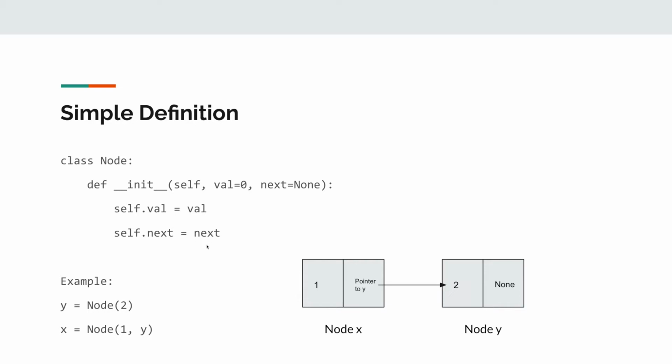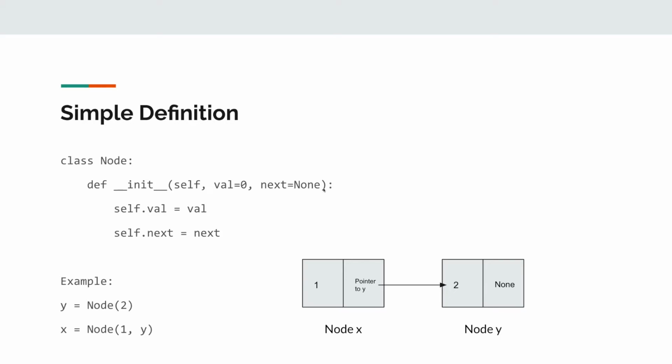To give you a quick example, we have y, where we have created a node with the value of 2. When using this initializer, it takes on the value of 2, and because there is no next node given, this automatically points to None.